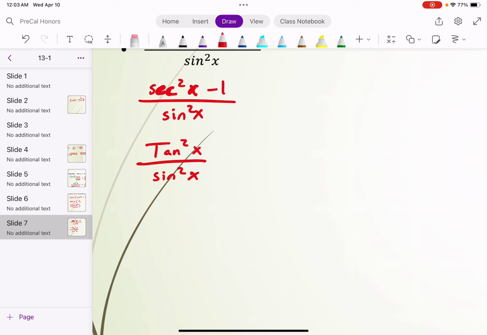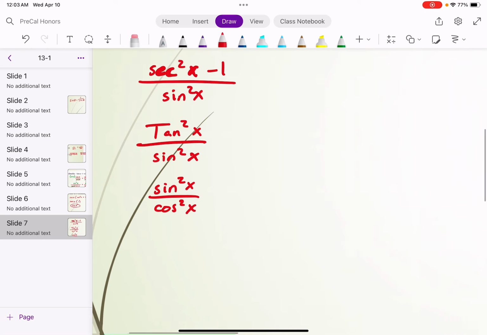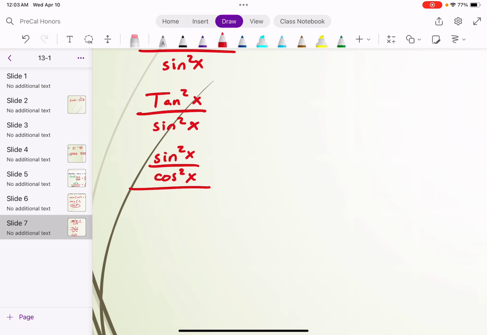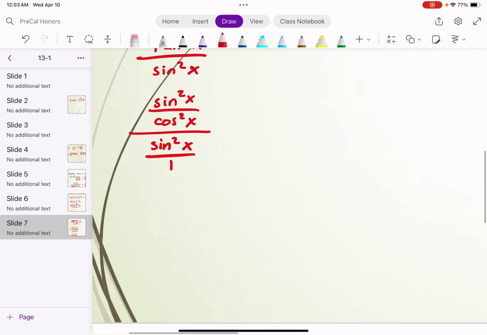Tangent is equivalent to sine over cosine. So sine squared x over cosine squared x, and we keep the denominator as original, sine squared x over 1. We're going to keep change flip.